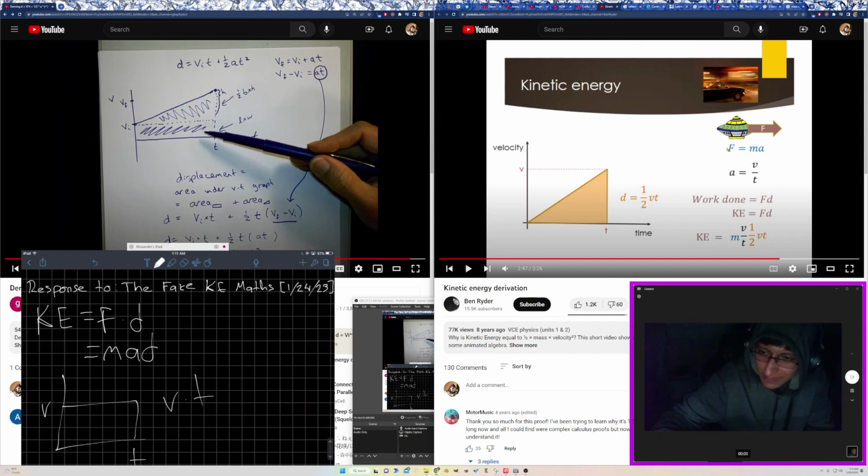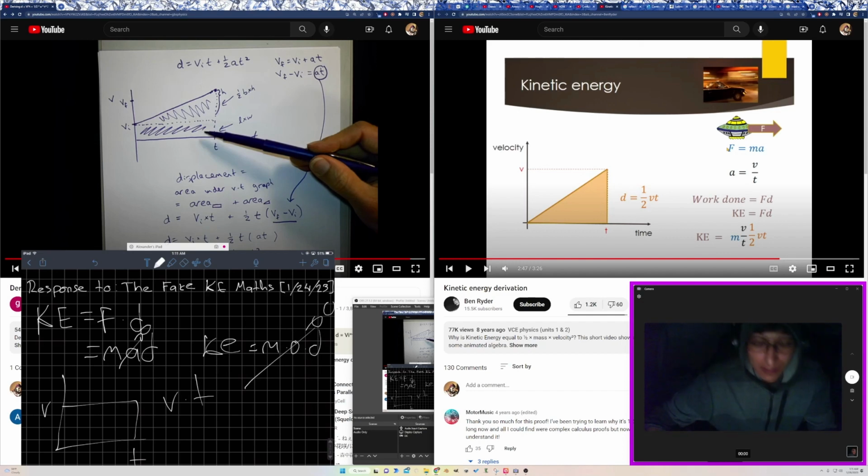Now, imagine that velocity is constant, right? If velocity is constant, this goes to 0, and you end up with kinetic energy equals m times 0 times d. Everything goes to 0, which makes sense when you're measuring force, ma, right?